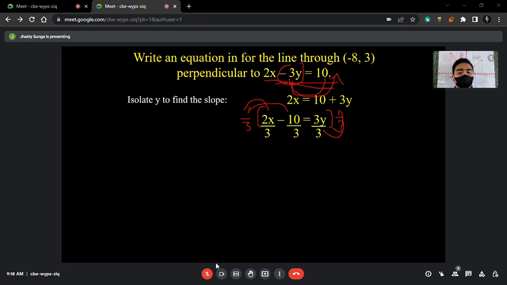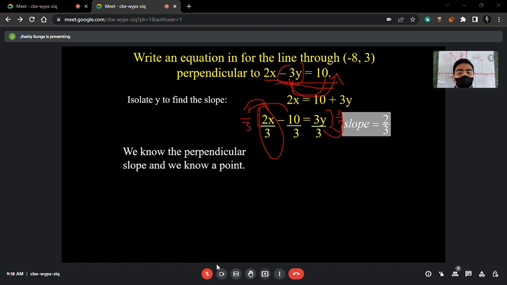And if you notice, we already have the slope. Isn't it? The slope will be 2/3. Okay po? Now, we know the perpendicular slope and we know a point. No? Okay? So, if we know that this is a perpendicular, this is an equation, please wait.